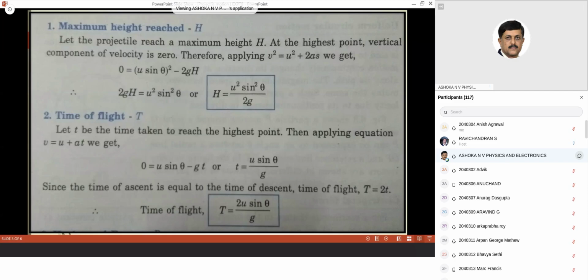This we are getting from the simple equation v is equal to u plus at. The only thing we are doing is making substitutions. That is, final velocity is 0, and initial velocity is u sine theta in the vertical direction.